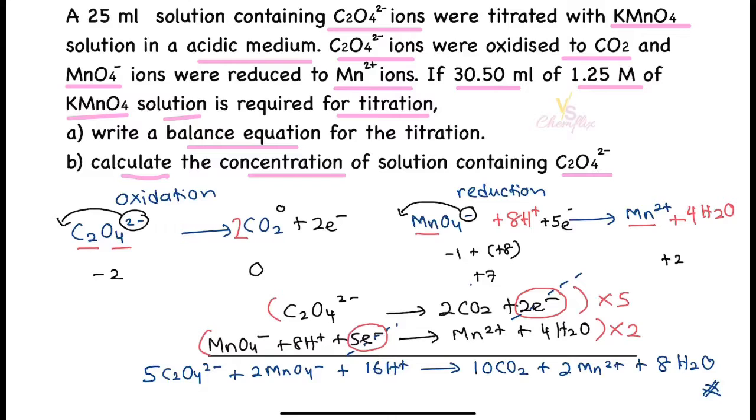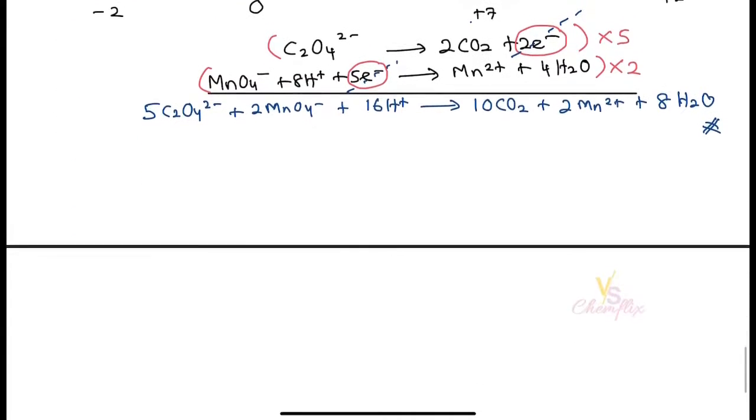Next, for part B, we are required to calculate the concentration of the C2O4 2- ion. So in order to do that, let's calculate the number of moles of KMnO4.